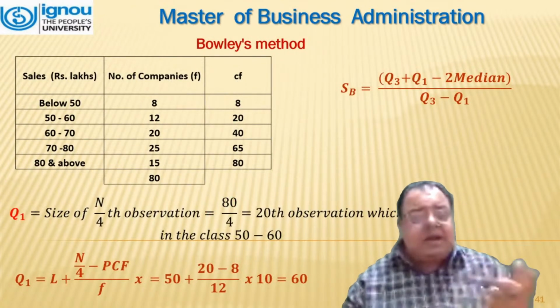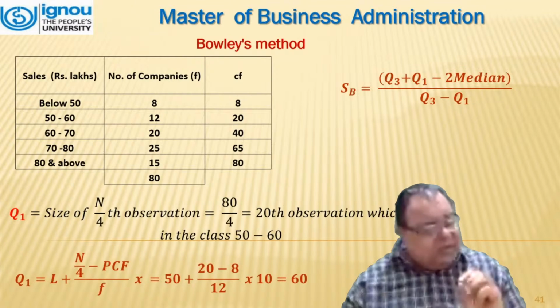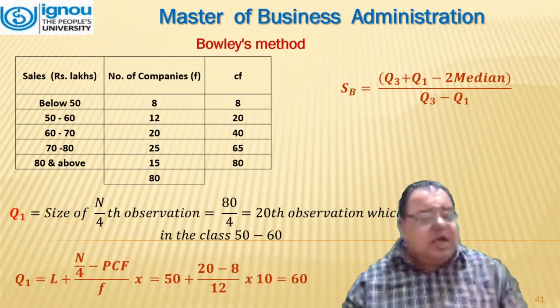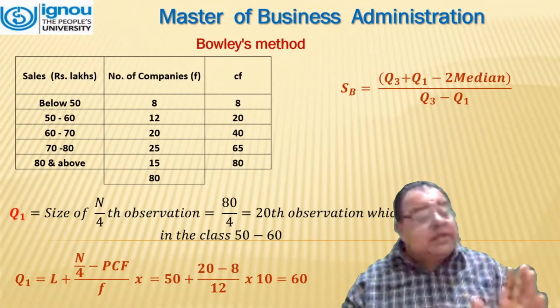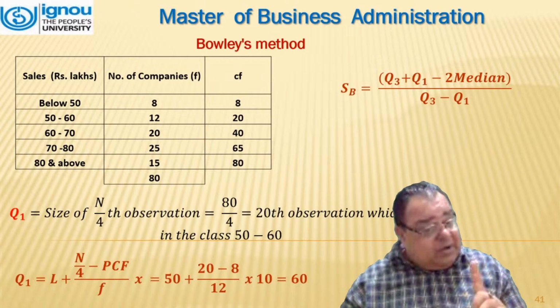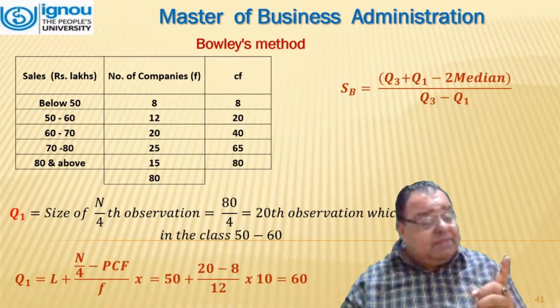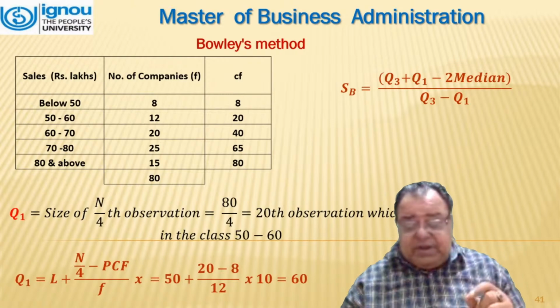I will take you back to the problem. Here in the cumulative frequency column, you can straight away see 40. That means your median class will be 60 to 70. PCF will be 20, and the frequency of the median class will be 20.